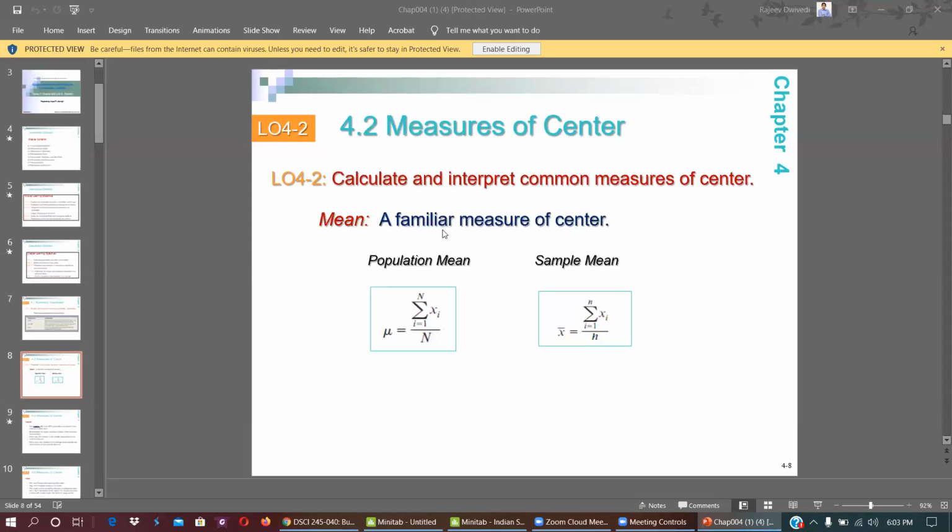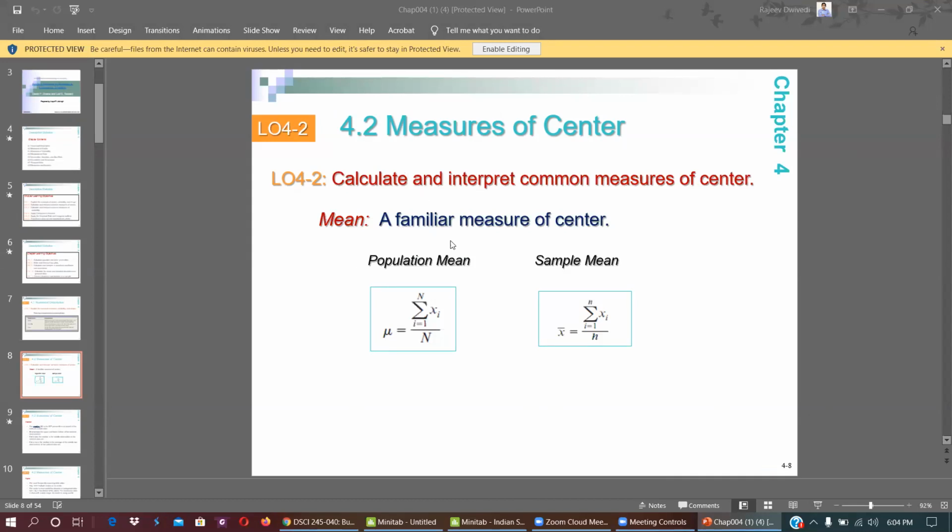So the very first thing that you have studied since your childhood is the mean. This is the mean formula, which is the average also. What is the mean, what is the average? Histogram is one part.